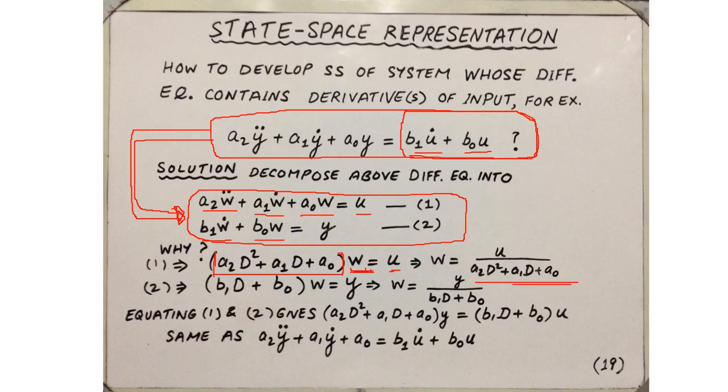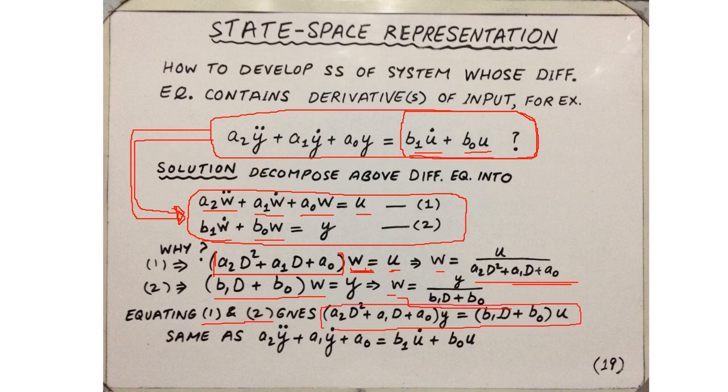Similarly, you can massage equation number 2 and express w as y over a denominator containing b1 times capital D plus b naught. And so after equating equation 1 and 2, because they are both equal to w on the left hand side, you arrive at the expression.